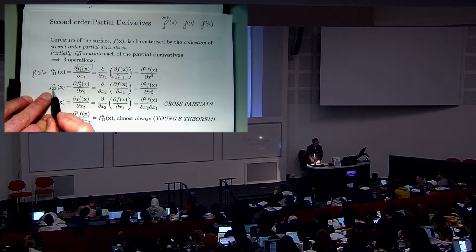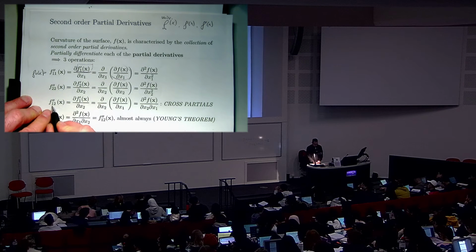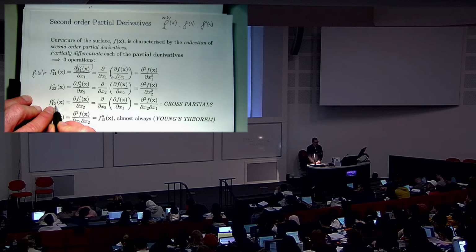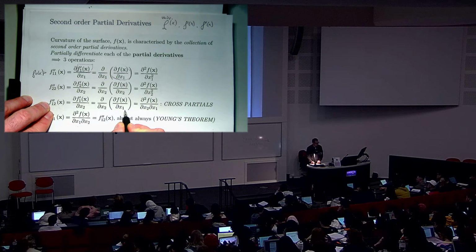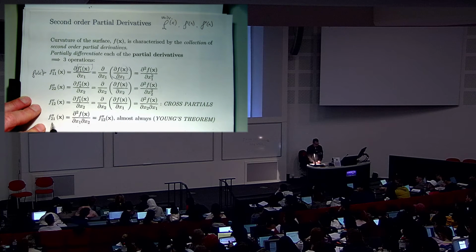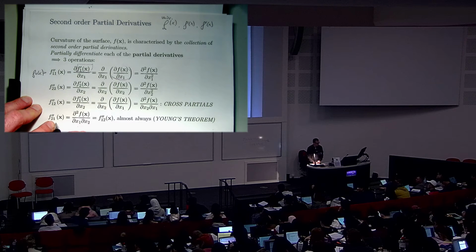Then we have the second order partial derivative with respect to x2, the first order partial derivative with respect to x2, so that's the second order partial derivative where we take the first order partial derivative with respect to x1 and take the partial derivative with respect to x2. And then vice versa, we'll take the first order partial derivative with respect to x2 and then take a partial derivative with respect to x1.